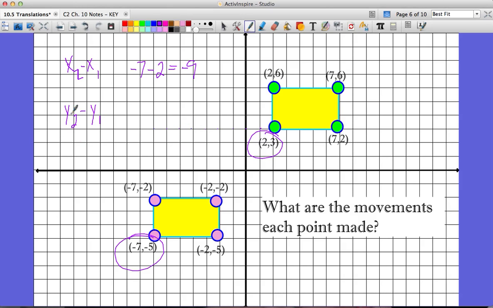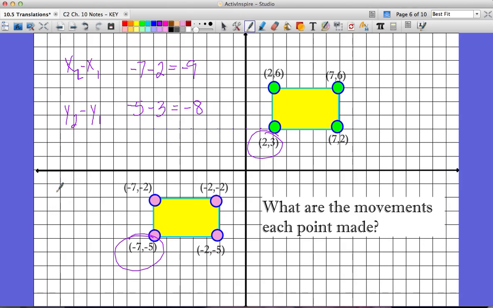So that worked. And then my y, I would take the -5 minus 3, which is going to give me a -8. So it would move left 9 because it's negative, and down 8 because it's -8. So I'm here, and I go 1, 2, 3, 4, 5, 6, 7, 8.